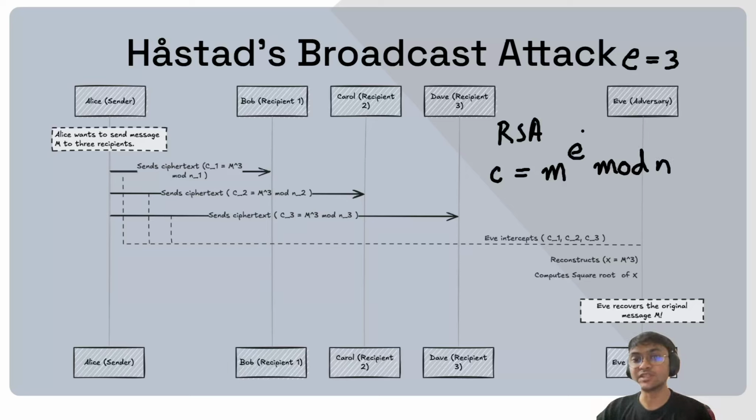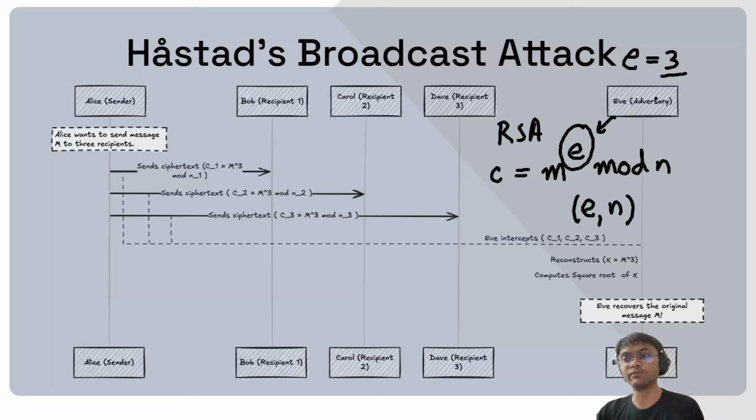Here, e is the public exponent, and e and n is the public key. Now, historically, this value of public exponent was chosen as 3 or any other low value because that helped increase the performance. In the year 1985, John Håstad highlighted the broadcast attack, which illustrates the dangers of using a low exponent, just 3.